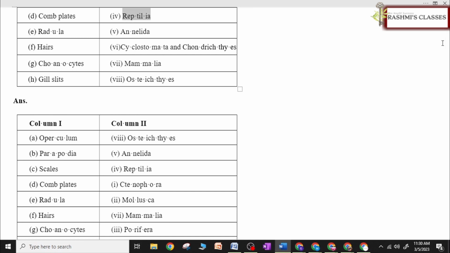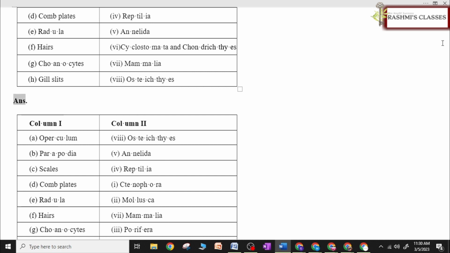Reptilia, 5. Annelida, 6. Cyclostomata and Chondrichthyes, 7. Mammalia, 8. Osteichthyes.